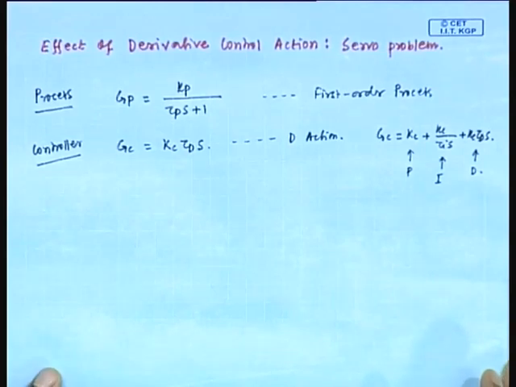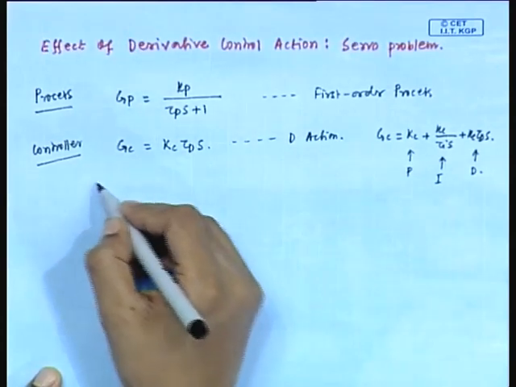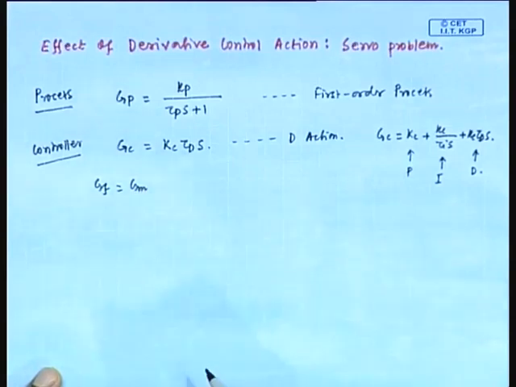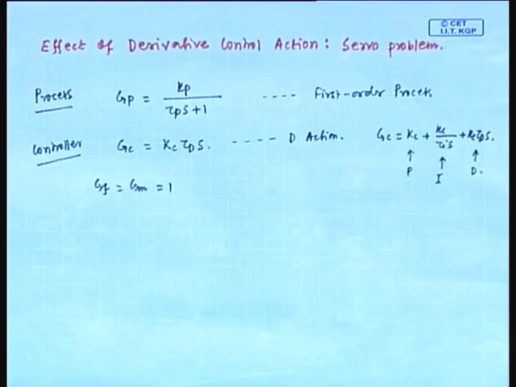Fine. And for simplicity we will consider the transfer functions Gf and Gm both are equal to unity.